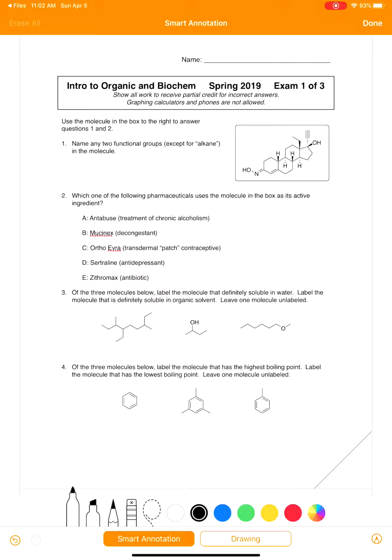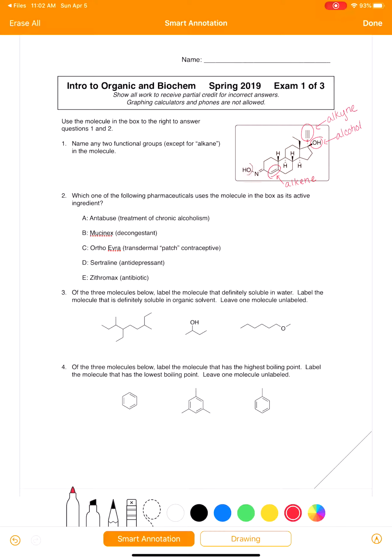For the first problem, the molecule in the box, name any two functional groups except for alkane. So right here, there is an alkyne. Right here is an alcohol. This is an alkene.